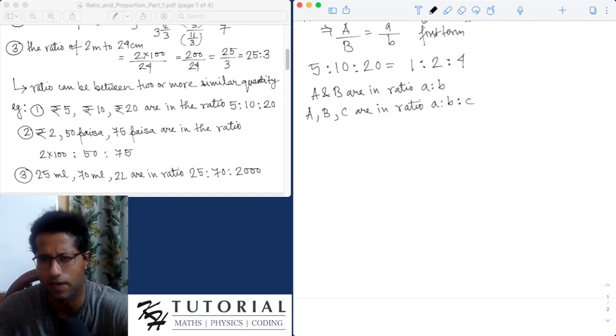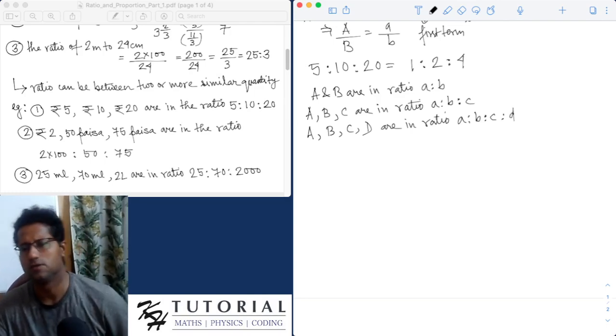This is the way we write it. Similarly, it can be A, B, C, D, four quantities in the ratio a is to b is to c is to d, where a, b, c, d are some numbers.